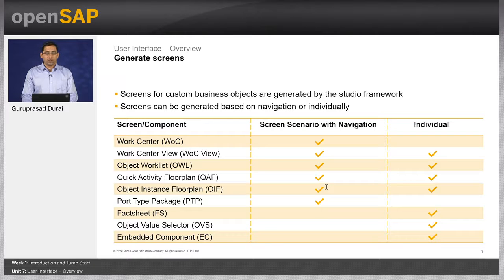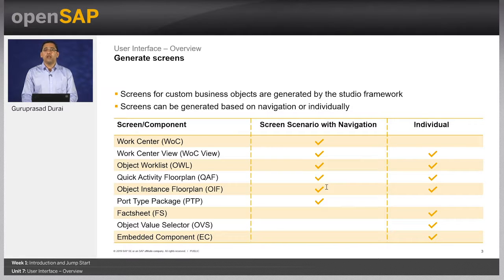Now, talking about how to generate the screens. The screens for the business objects can be generated within the SAP Cloud Application Studio, and the framework takes care of creating and adding them to the solution. Screens can be generated individually or based on scenario based navigation.